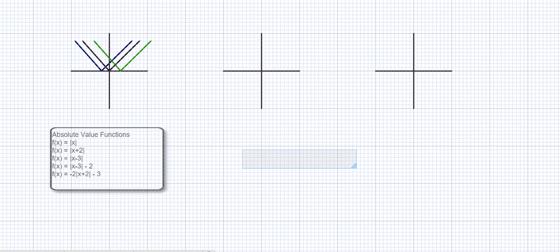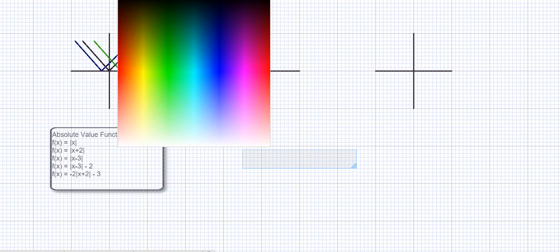All right, so going on to the fourth example, absolute value of x minus 3 minus 2. You know absolute value of x minus 3 shifts the parent function to the right by 3. Then the minus 2 will actually move it down by 2.